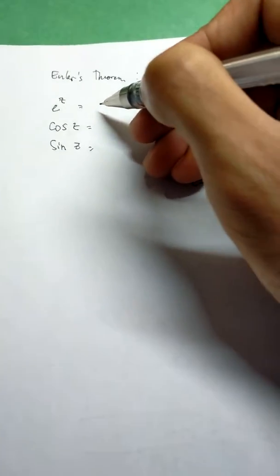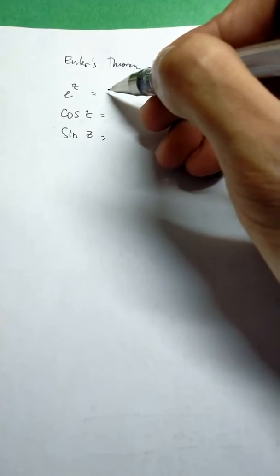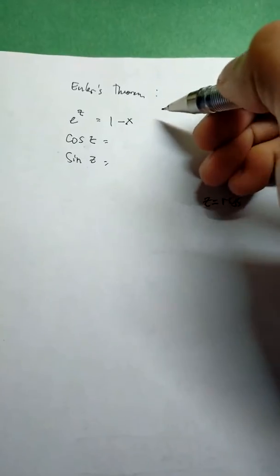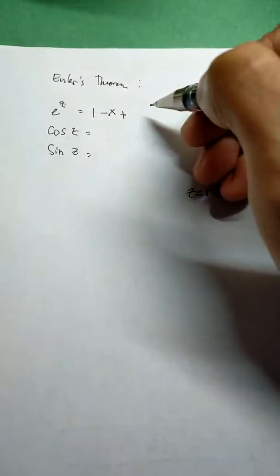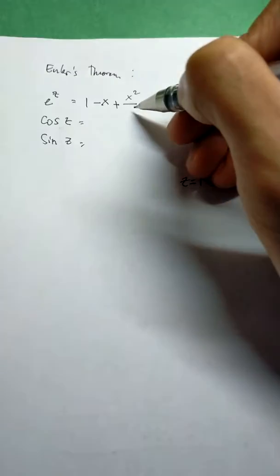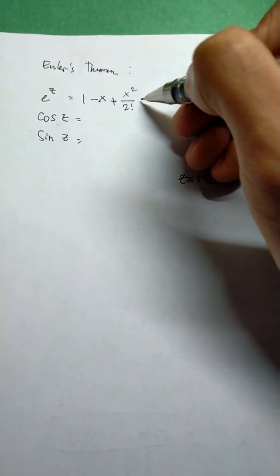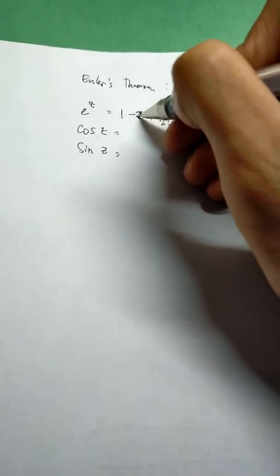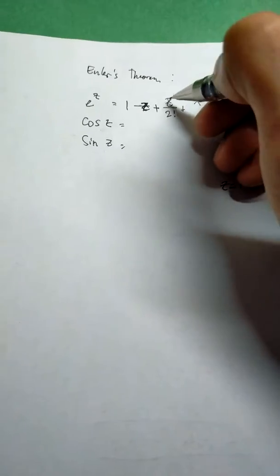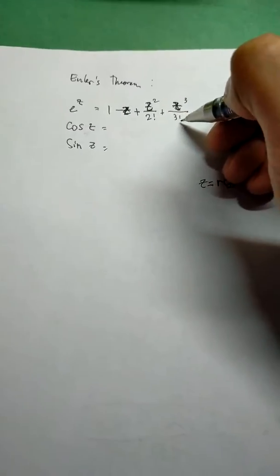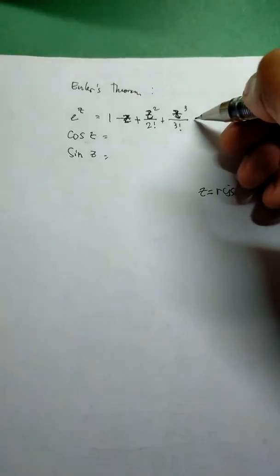so gamay ginasunod siya nga expansion formula, which is 1 minus x plus x squared over 2 exclamation plus x3, so this will be z galit, no, so z over 3 exclamation and so on.